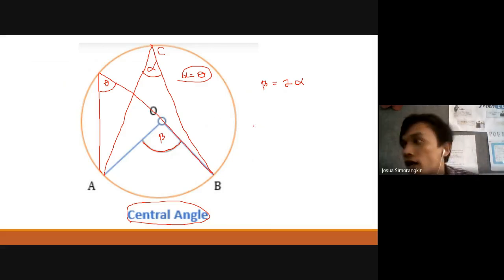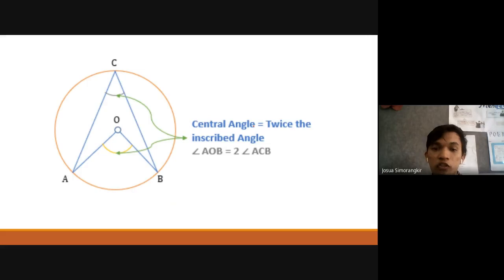Up to this point, hopefully you can understand these properties. So I'll continue to another one. Actually, this is the explanation I gave before, that the central angle equals twice the inscribed angle.